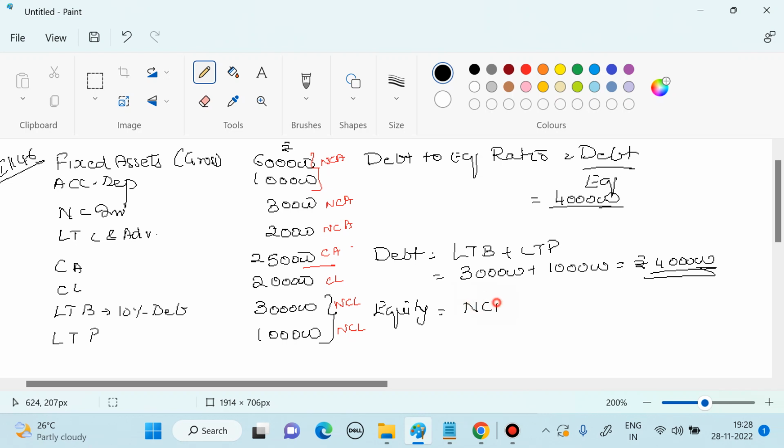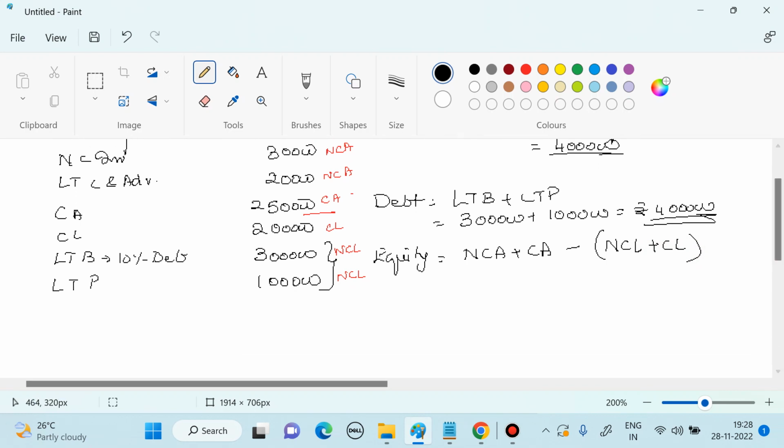So now all we have to do is add all these. Non-current asset plus current asset minus the total of non-current liability and current liability we have to remove. So for this we'll calculate the individual information. So what is non-current asset? You have the gross block minus depreciation.